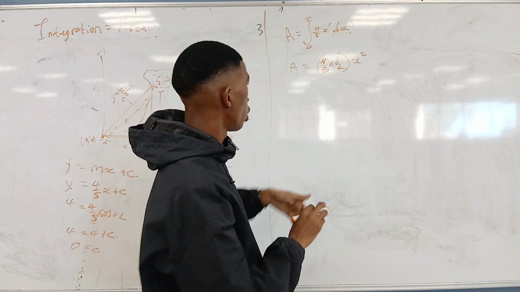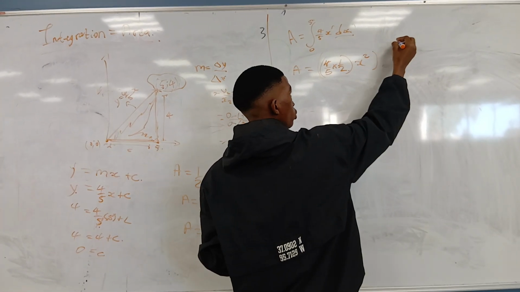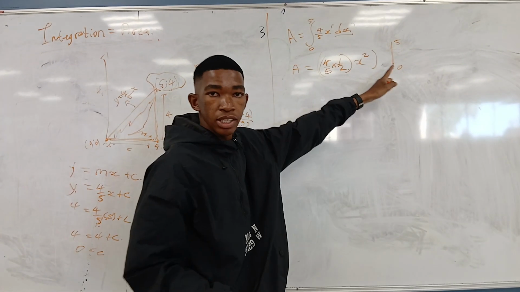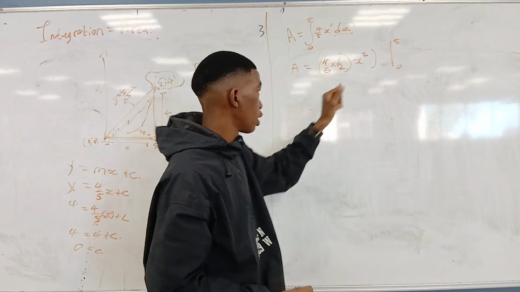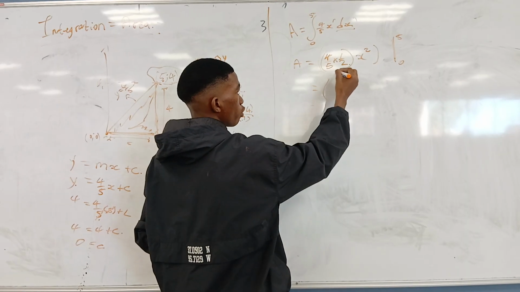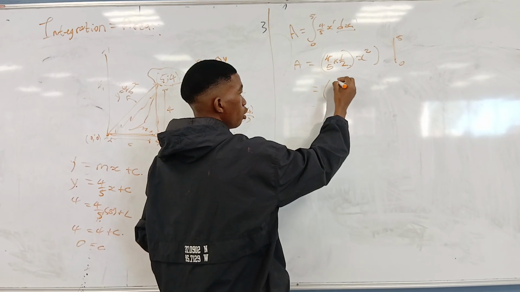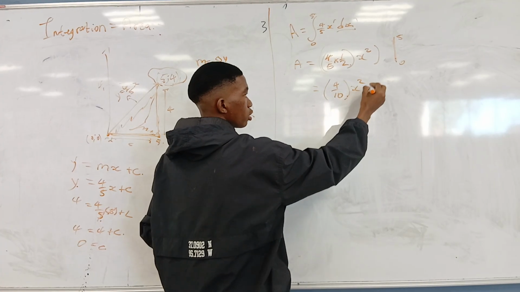Now, we are going to put the big bracket and then insert our limit. We have 5 and 0. This limit is very important. Now let us continue by simplifying this part. This is going to be your 4 all over 5 multiplied by 2, which is 4 all over 10 x squared.